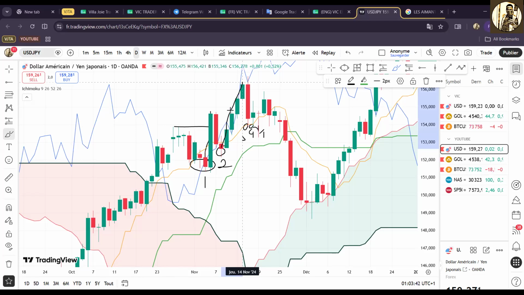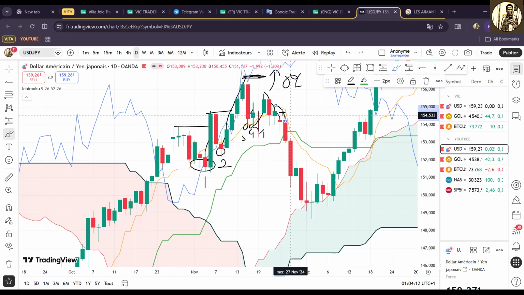The second touch created another V breaker. The third touch attempted a V breaker but failed. The fifth one failed dramatically too, because none of them actually broke this one. So from this fifth touch, you should understand that the chance for the price to go up is 0%. You can even start selling here before you even see the inverted Tenkan.